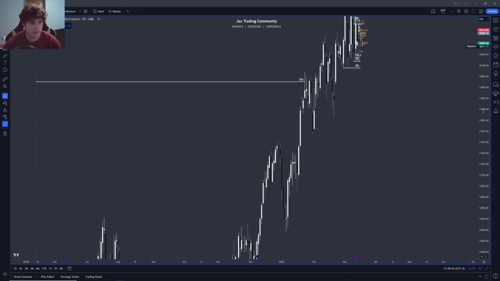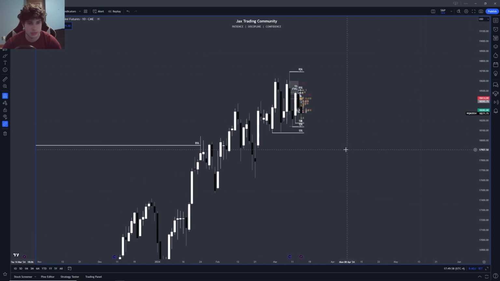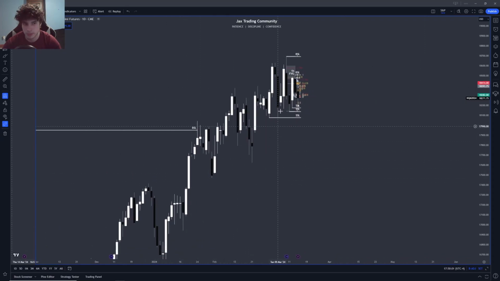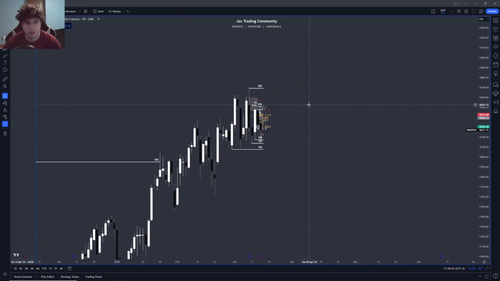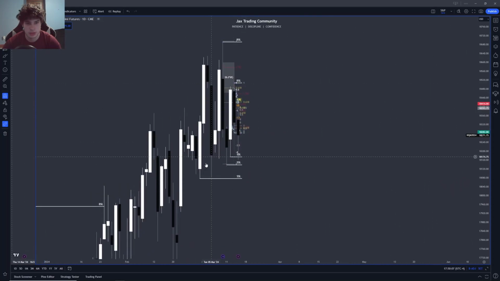I want you to notice how we have been just sort of chop grinding up, okay? But lately, these past couple days, we've been creating this little wedge thing. It's been getting smaller. Action has not been that great.